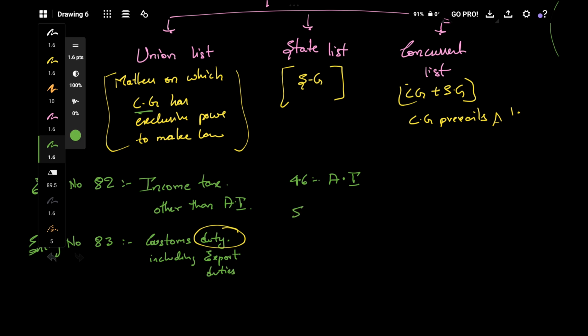Apart from this, entry number 51 is that the state government has power to levy tax on alcoholic liquor for human consumption. That's very important. Liquor for human consumption, matlab alcohol which people generally drink for fun. On that alcohol, state government can levy tax.